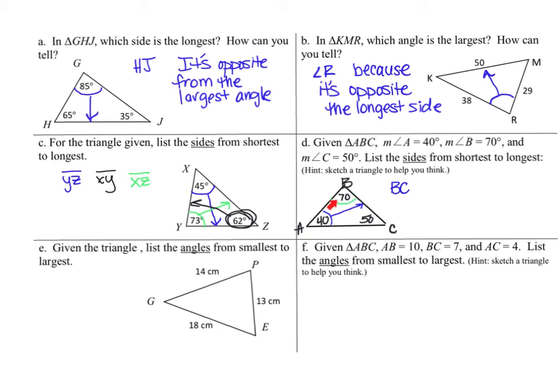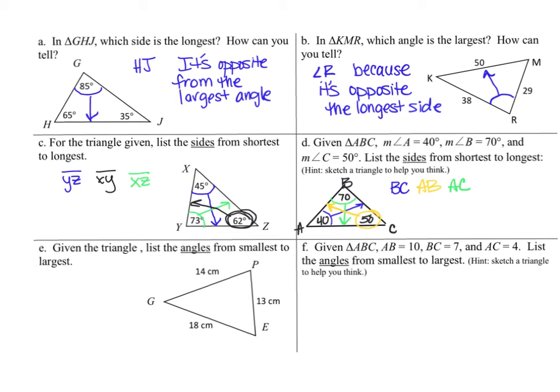The largest angle is 70, so the side opposite of that is going to be side AC. That leaves us with 50, which is angle C, in the middle of the two. So the side that is going to be in between is going to be side AB.